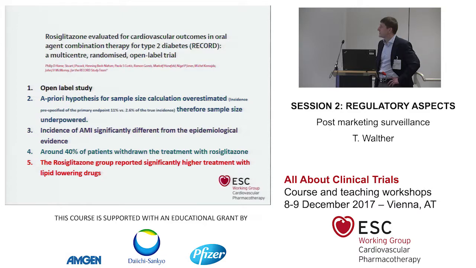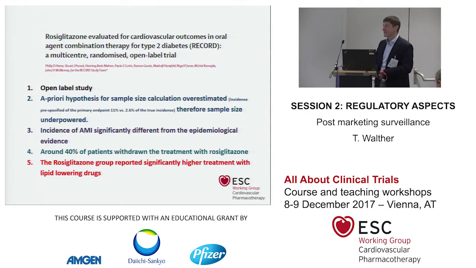And another point: 40% of the patients withdrew from the treatment with Rosiglitazone. And if you take Professor Basillou's presentation, if you are correct, you would assume that all who dropped out could develop myocardial infarction and should in reality be in a myocardial infarction group. However, the dropout here was much higher than in the other group, and therefore it was imbalanced and was not valid anymore.